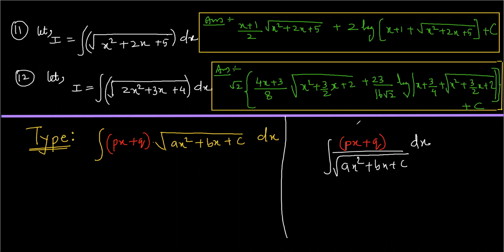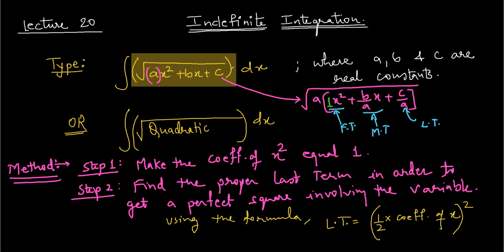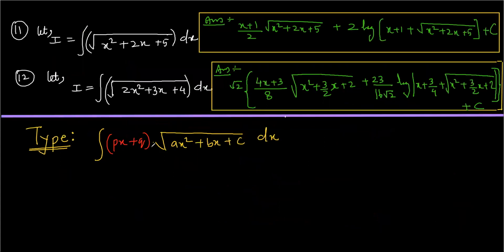Now this time what is happening? The type which we have done is root quadratic. After this, which type will be the next one? As usual, we will multiply px plus q in the numerator. When you multiply px plus q with this, you get px plus q, linear, into root quadratic.